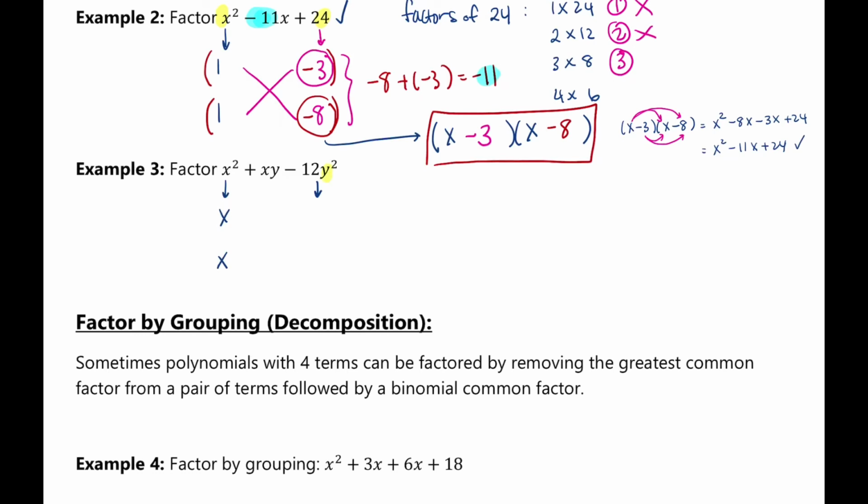If you want to label it, go for it, but it's not required. The factor of 1 is just 1. And we need to take a look at the factors of negative 12.